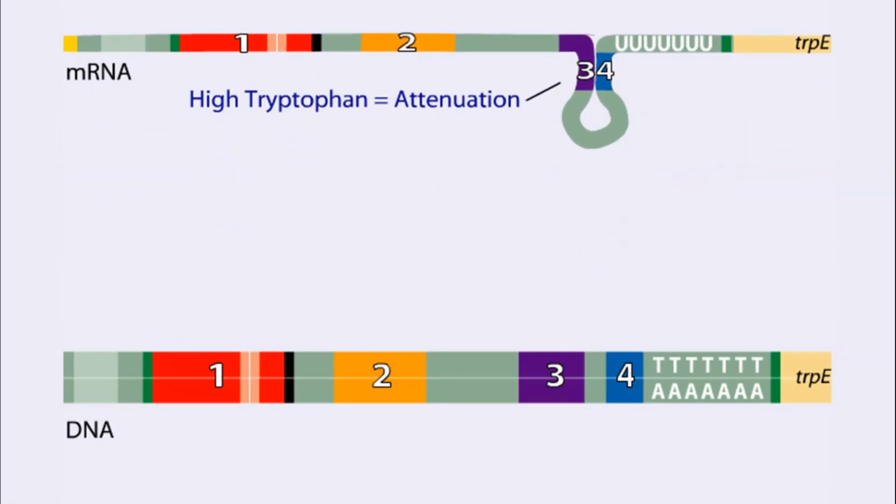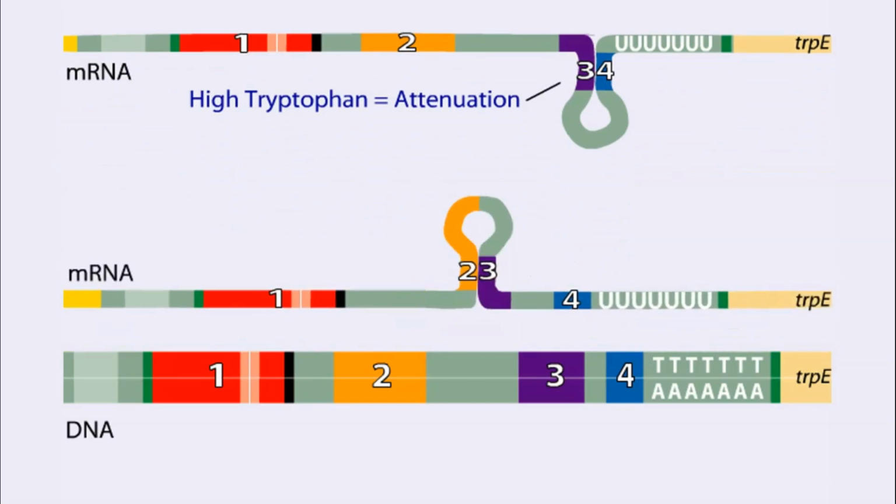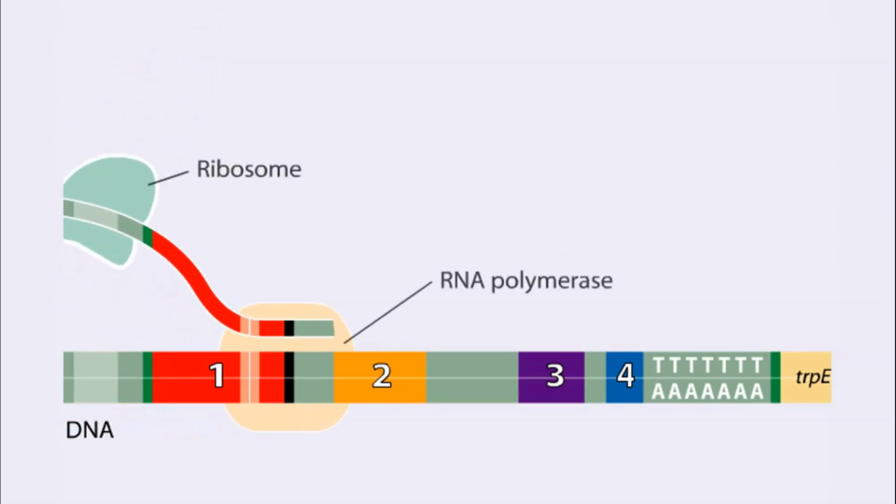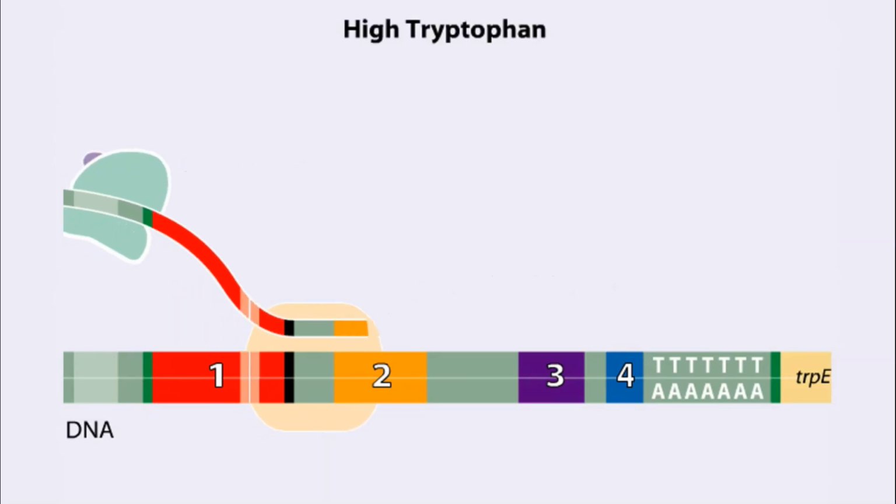When tryptophan levels are low, region 2 pairs with region 3. This structure does not terminate transcription. Let's examine how these alternate structures arise. RNA polymerase begins transcribing the DNA. Closely following RNA polymerase, a ribosome begins to translate region 1. When tryptophan is abundant, the ribosome doesn't slow down at the tryptophan codons.